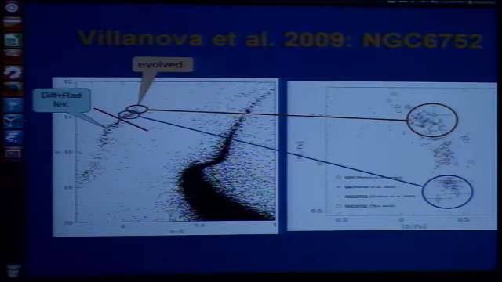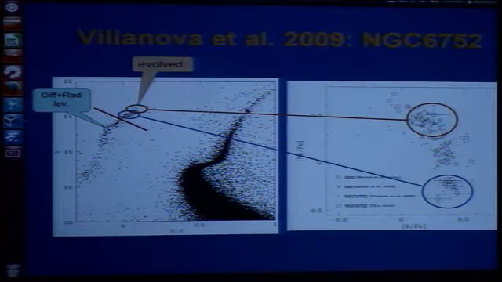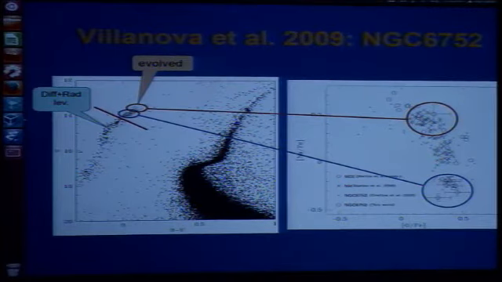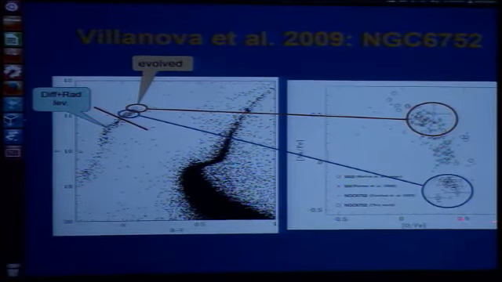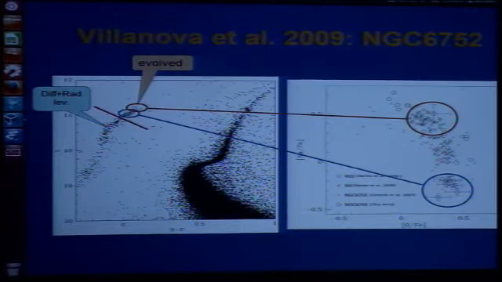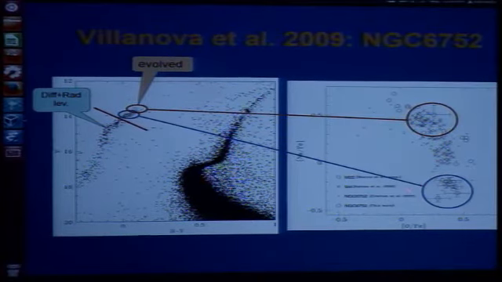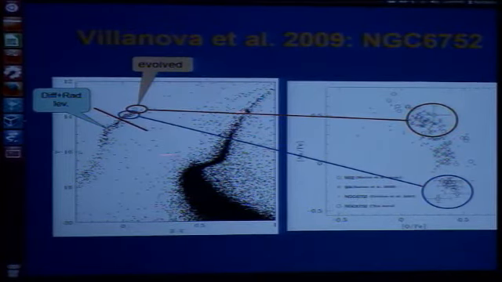However, some attempts were made to use this. For instance, this was the original paper on NGC 6752 by Sandro Villanova, but then there was another paper by Marino on M4. In this case the horizontal branch is not so extended, and so you can really distinguish the two populations better.